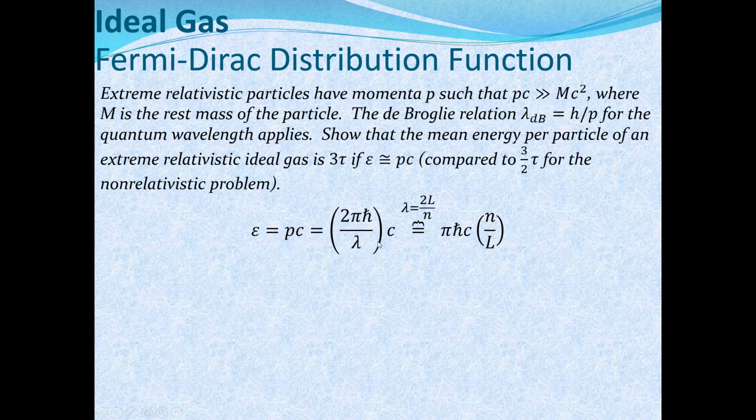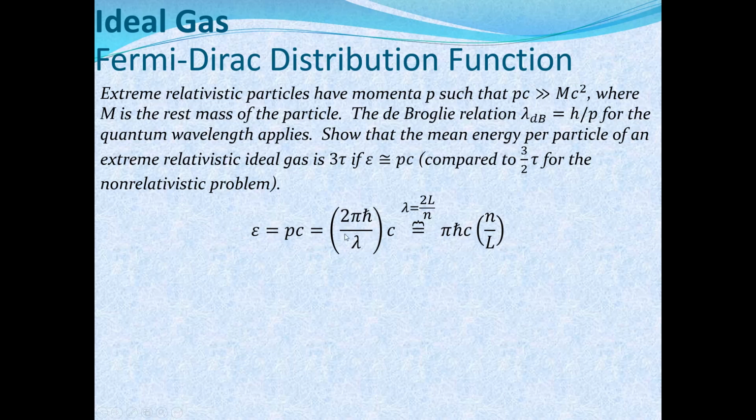So we start off with this, and then we can take our equation for momentum. This is something that we derived in, I believe, the previous lecture notes, that the de Broglie wavelength was equal to h over p.